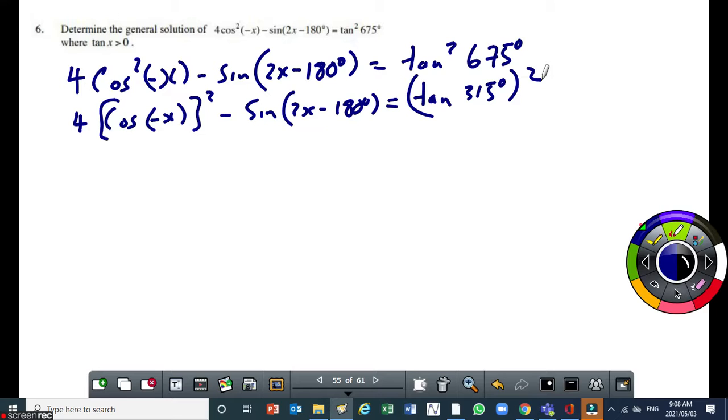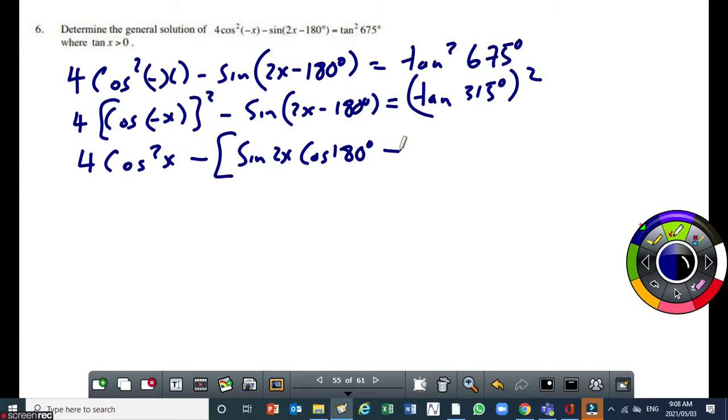Now cos minus x, we know that it's equal to cos x, so this is the same as 4 cos squared x. Then I'm going to expand here using the compound angle. So that will be minus, open square bracket, sine 2x cos 180 degrees minus sine 180 degrees cos 2x, then close the bracket.